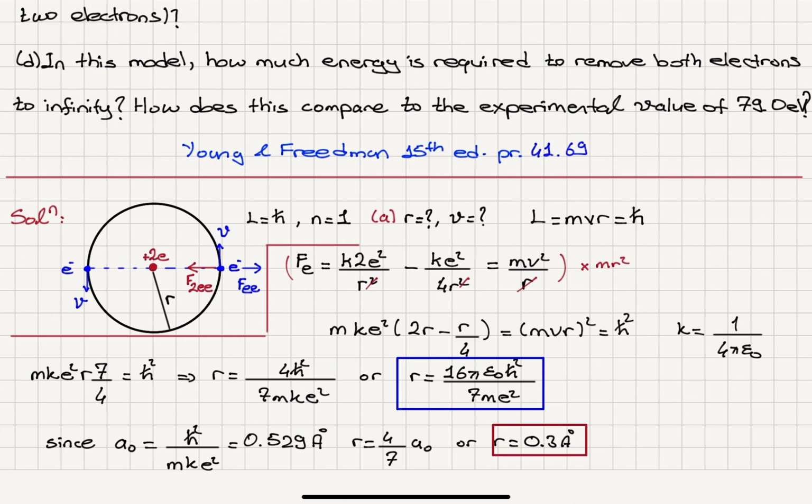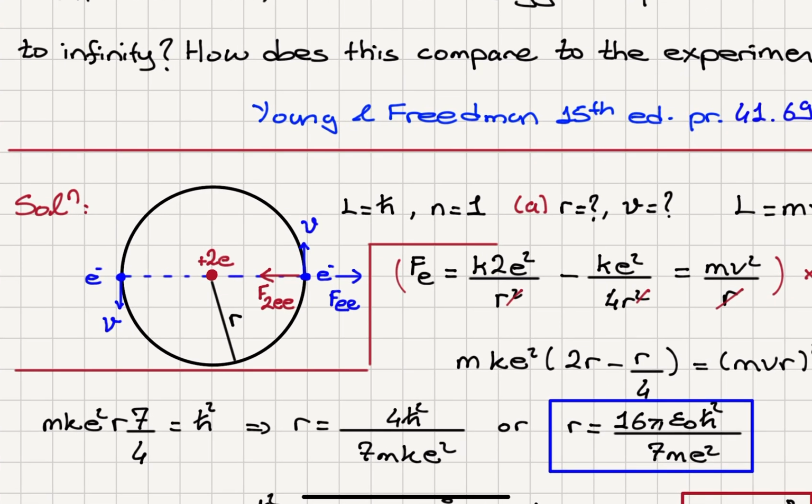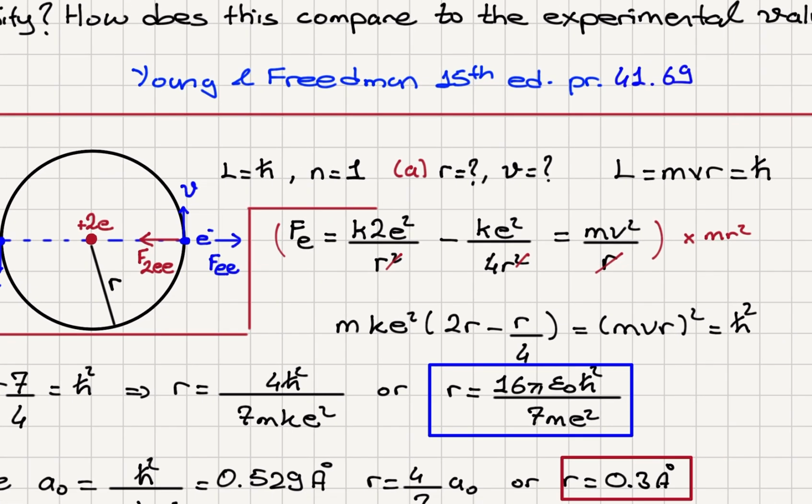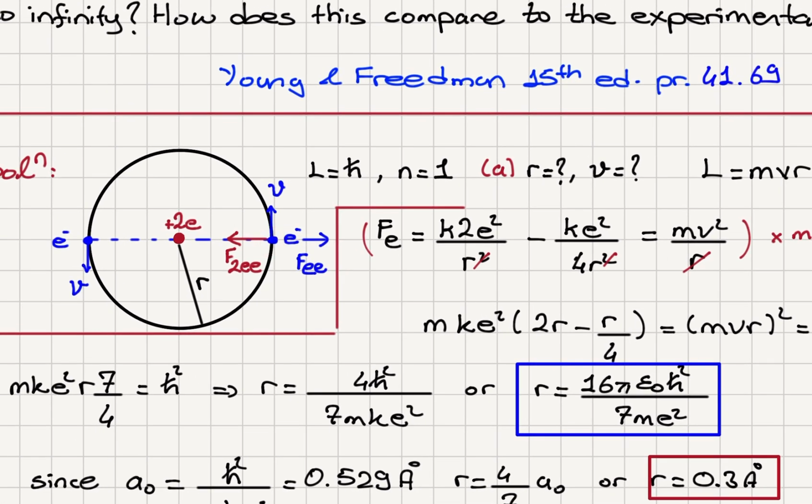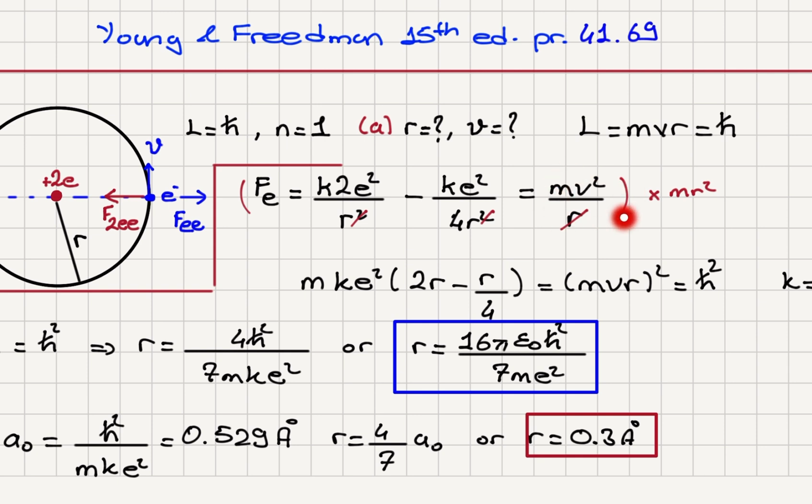So we are talking about a model for the helium atom with two electrons in the same orbit, n equals 1, the first Bohr orbit, angular momentum h bar, and the positive charge at the nucleus is plus 2e. In part A, first we looked at the total force acting on a given electron, the attractive force due to the nucleus and the repulsive force due to the other electron, and set it equal to mass times the centripetal acceleration, and multiplied the equation by m r squared to get angular momentum squared on the right hand side, so that we can substitute for angular momentum h bar.